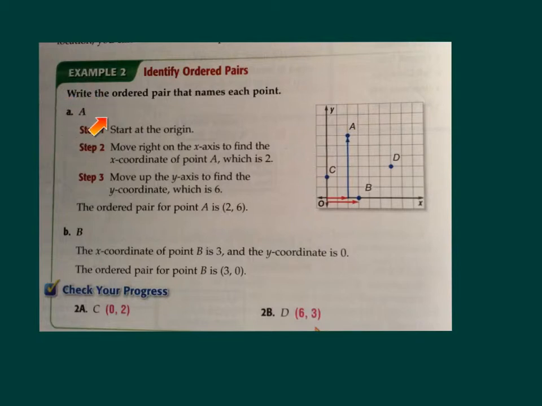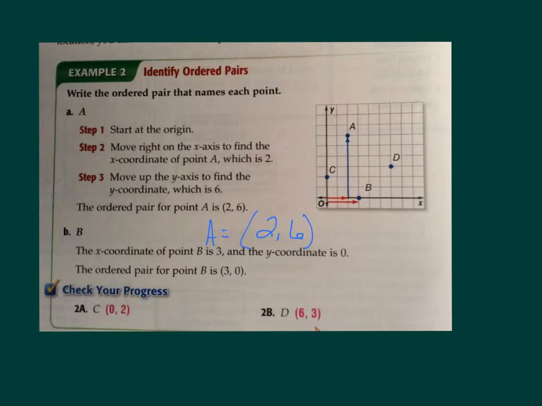So on here, A is asking for you to find the coordinates of A. So go ahead and start at the origin, move over 1, 2, and you keep that in mind. So I'll just write 2, and then you go ahead and move up 1, 2, 3, 4, 5, 6. So your coordinate for this right here is going to be 2, 6. So A is going to equal 2, 6.